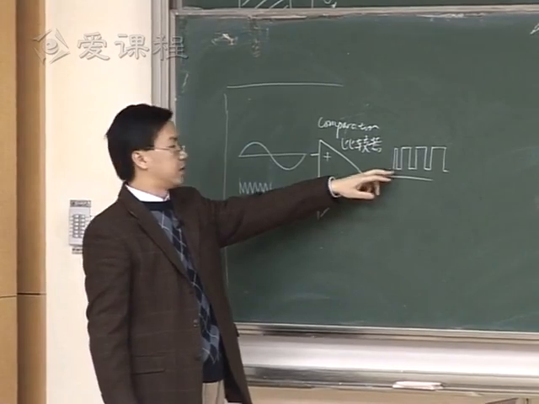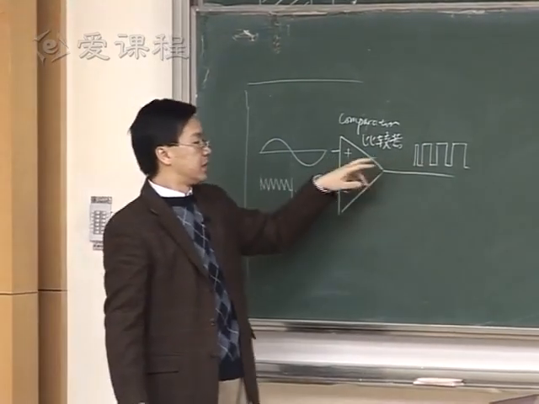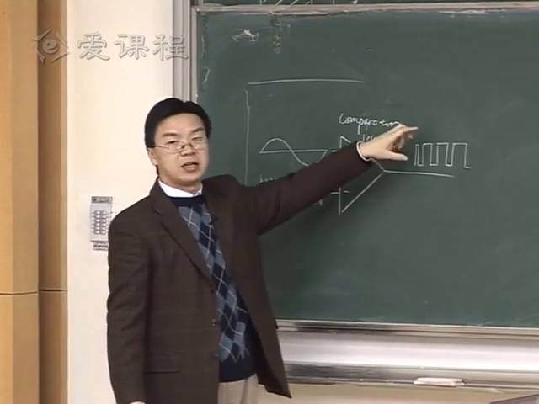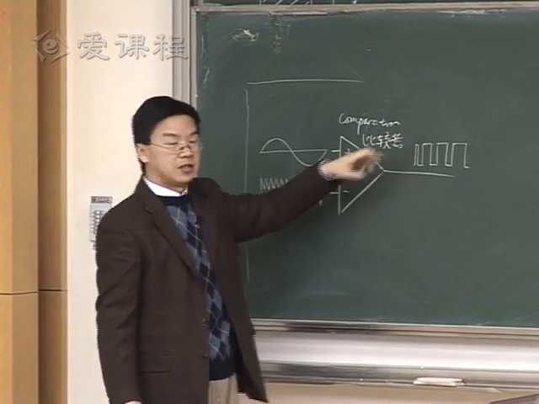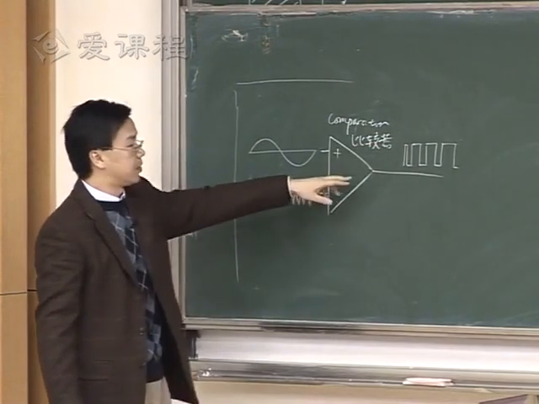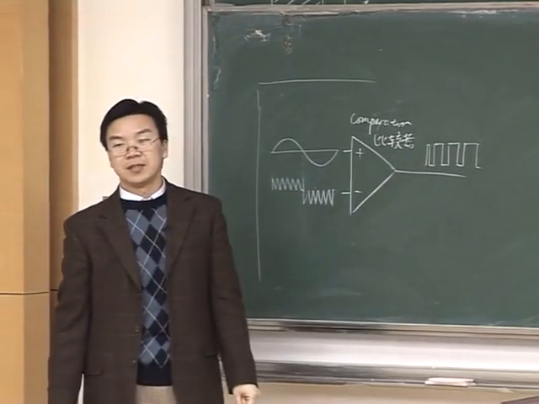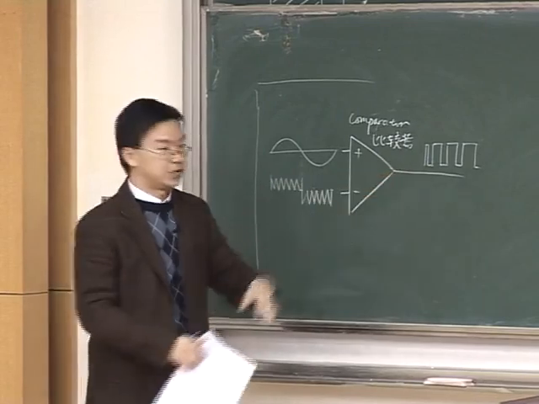When this is higher than this voltage, through this comparator, I generate a high-level output. When the modulating signal is smaller than this, through this comparator, I generate a zero output. So this is one output.